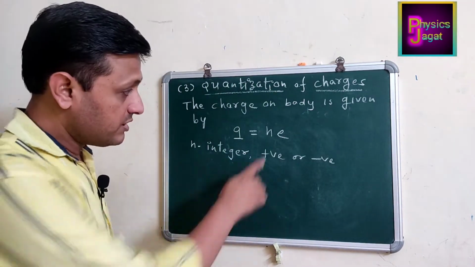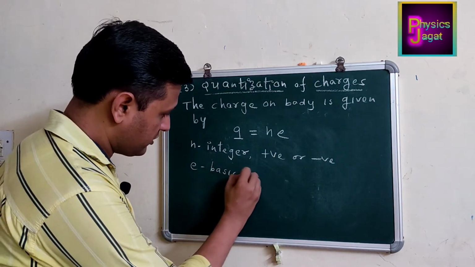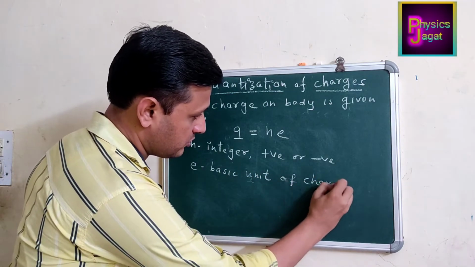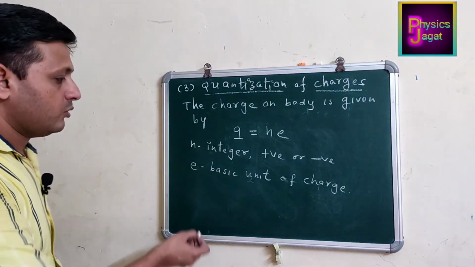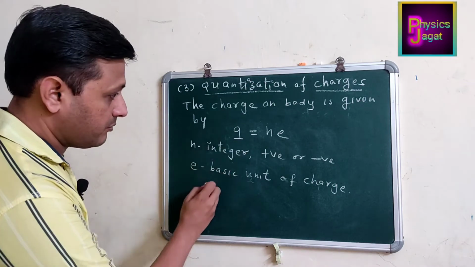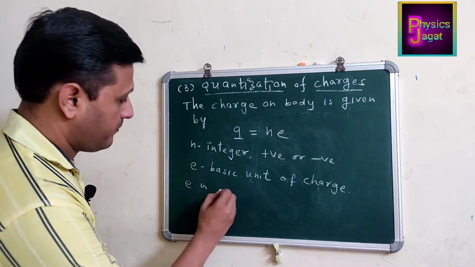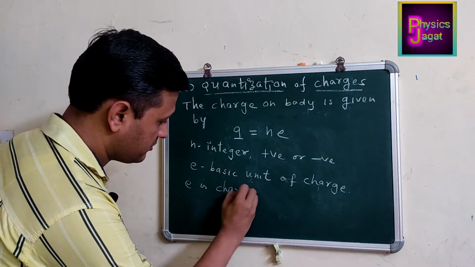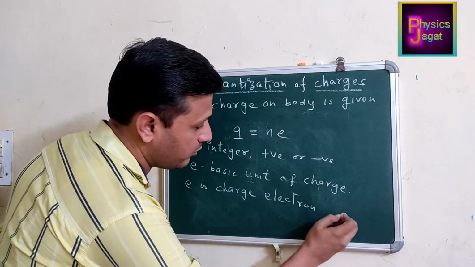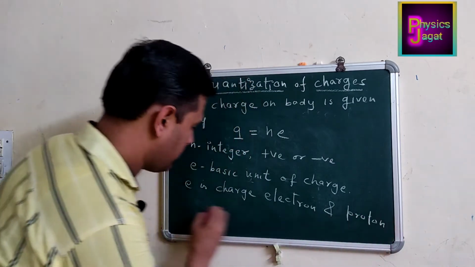And what is e? e is the basic unit of charge. Now what is the basic unit of charge? e is the charge that an electron and a proton can have.